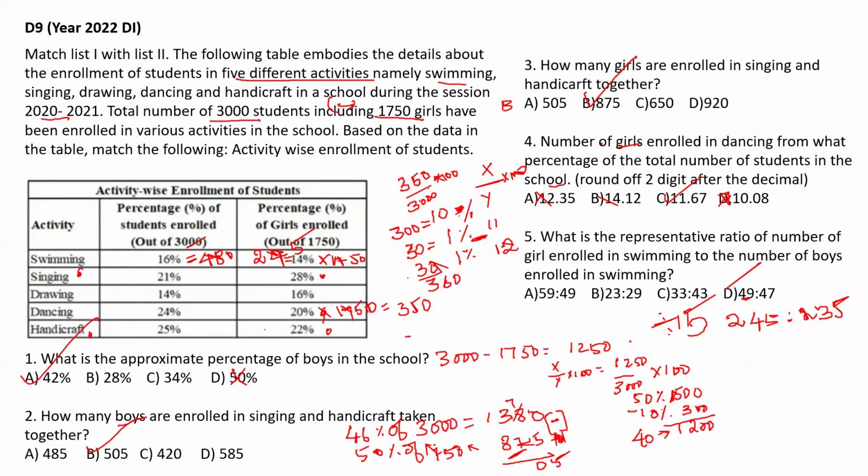The total number of school students is 3,000. For dancing, what percentage? 20%. The total number of girls is 1,750. What is 20% of 1,750? 1,750 into 20 by 100. That's why I've written it here. 1,750 into 20%. Clear, ma'am? 350. Okay, ma'am. Thank you, ma'am.